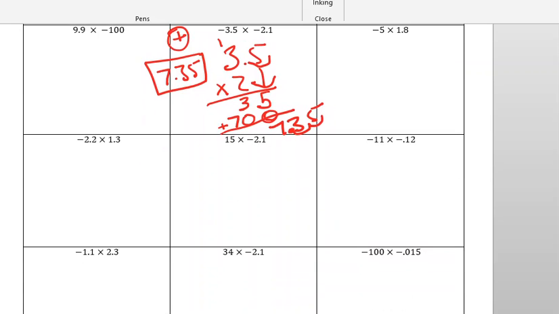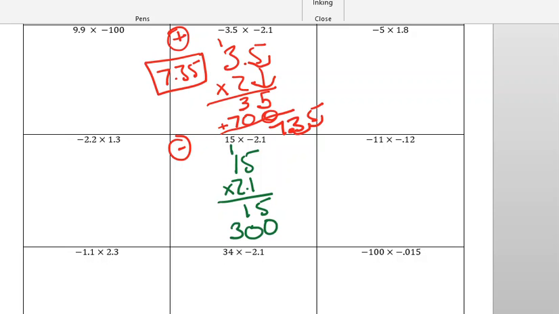I have 15 times negative 2.1. I know my answer is going to be negative. I'll do it in green. Okay, so I'm going to go 15 times 2.1. I'm going to have 15 here. 0, 2 times 5 is 10. 2 times 1 is 2, plus 1 is 3.